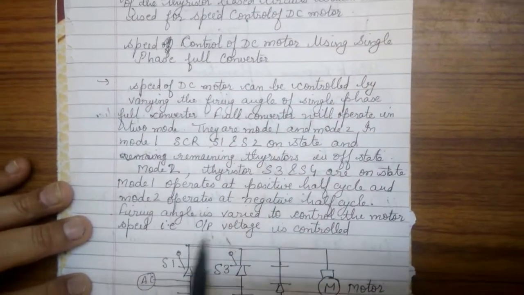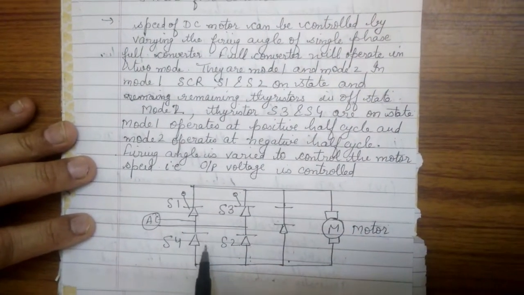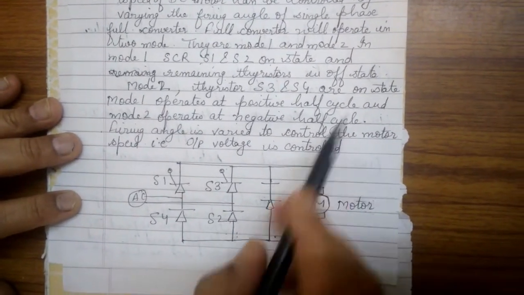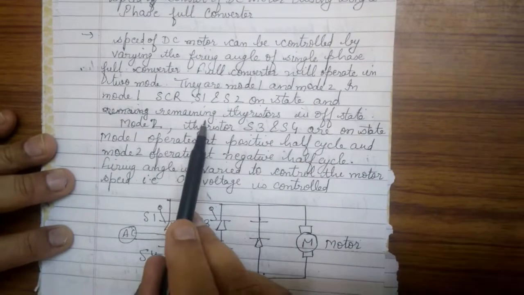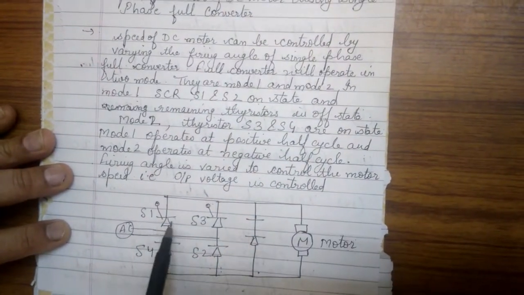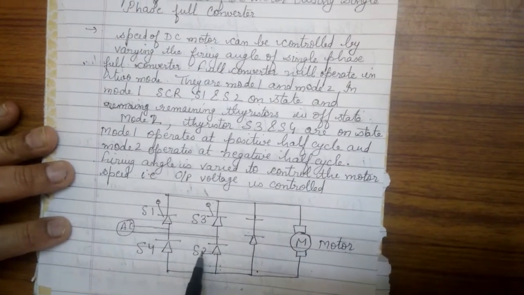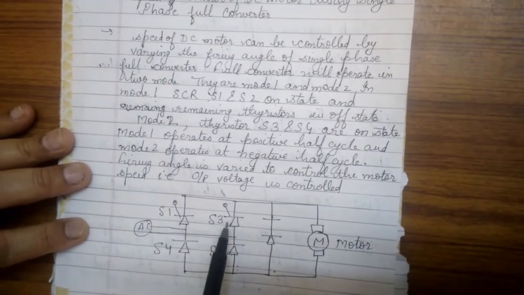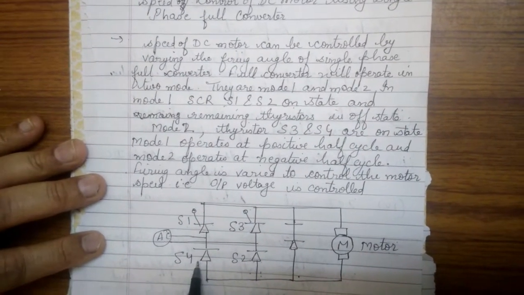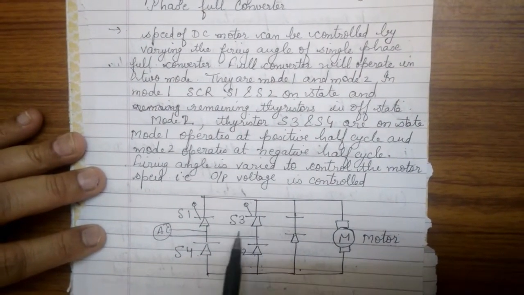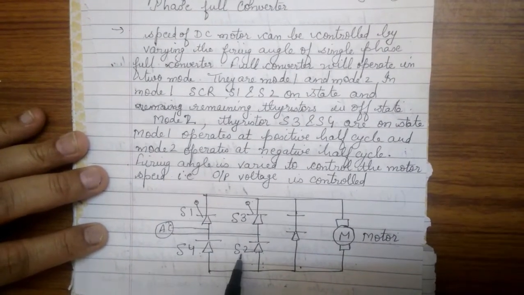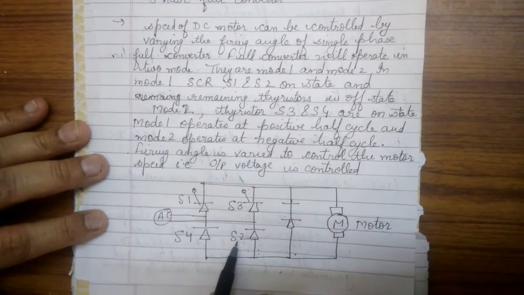Now the full converter will operate in 2 modes. In mode 1, the thyristors S1 and S2 will be in the on state, and S3 and S4 will be in the off state. Now in mode 2, thyristors S3 and S4 will be in the on state, and the other 2 SCRs will be in the off state.